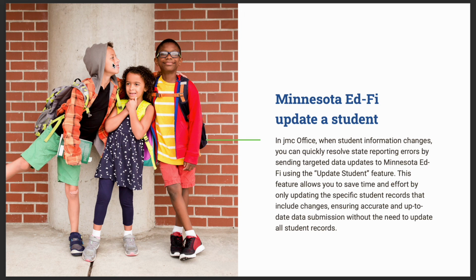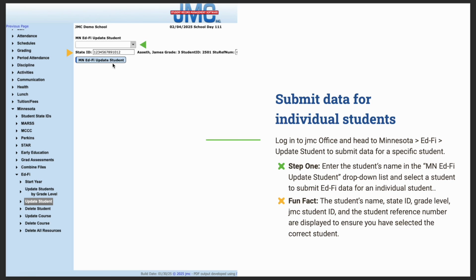So in JMC Office, when student information changes, you can quickly resolve state reporting errors by sending targeted data updates to Minnesota EdFi using the Update Students feature. This feature allows you to save time and effort by updating only the specific student records that include changes, ensuring accurate and up-to-date data submissions without the need to update all student records at once.